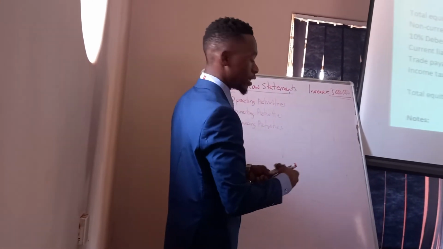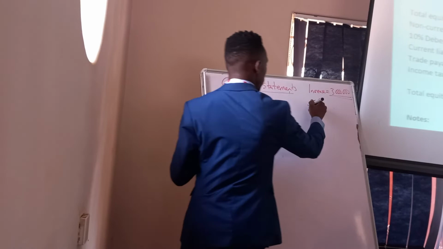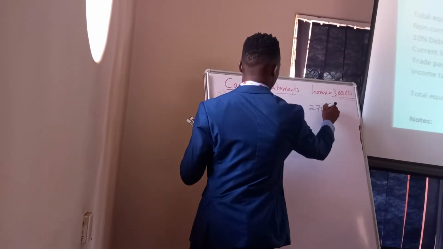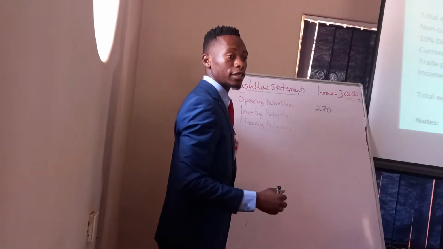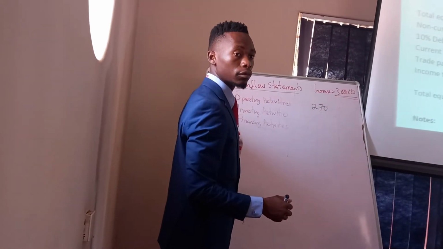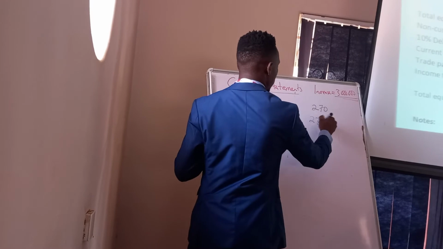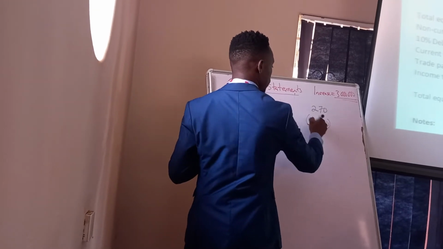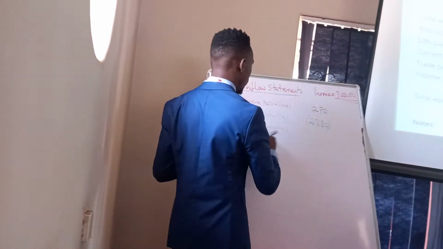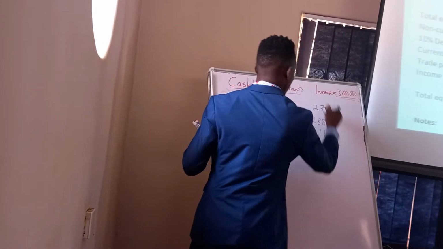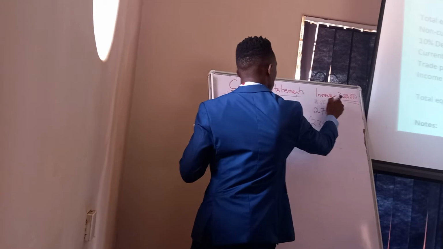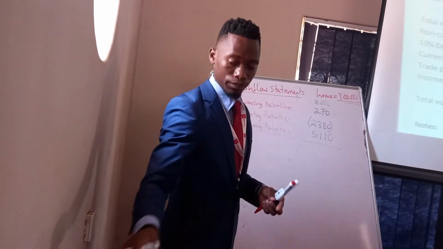And what is the balance that we got from operating? I still remember it was 270 positive, right? What about the total from investing? 2,380, right? It was negative. What about financing? It was 5,110. Remember, don't forget that we have 3 zeros on the top.